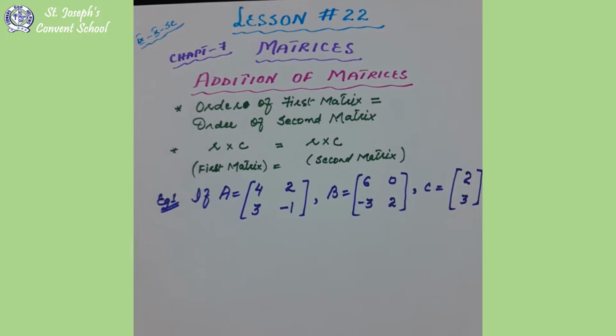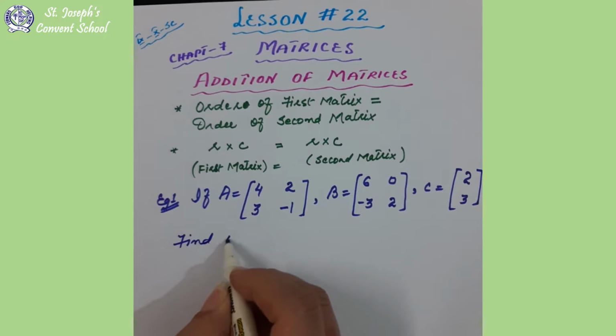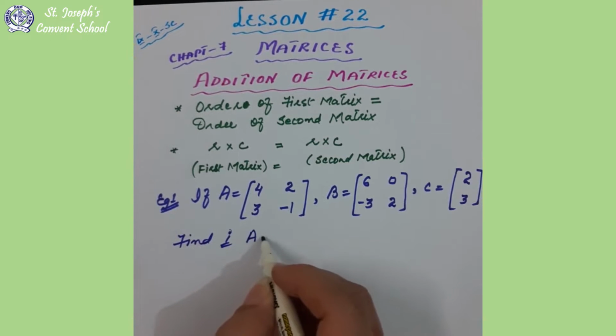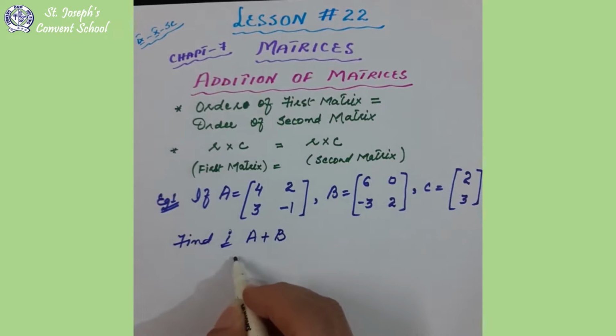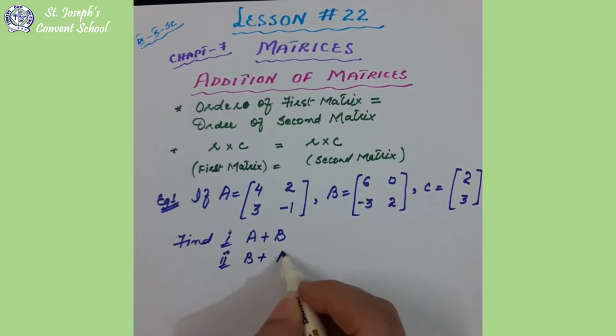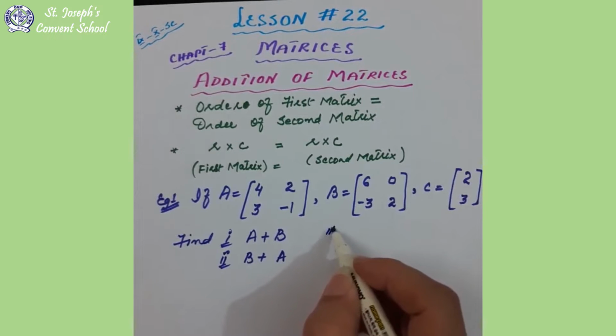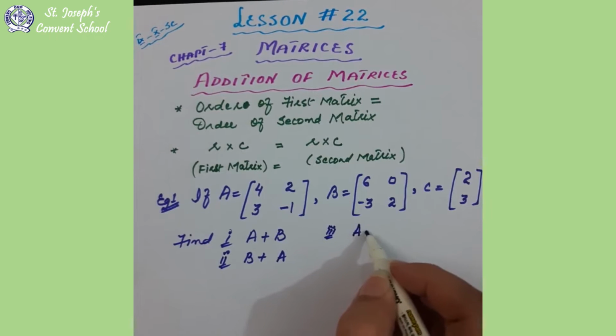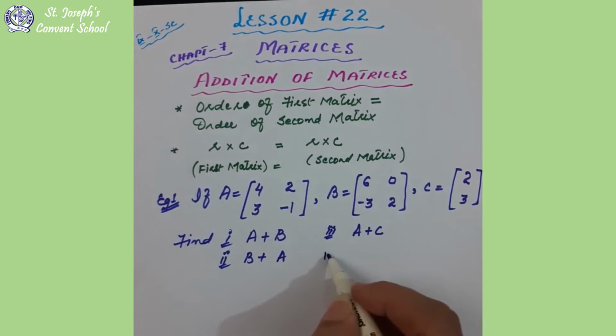Now these three matrices are there in the question, and you have to find A plus B, then B plus A, then A plus C, and B plus C. So all these we are going to solve now.